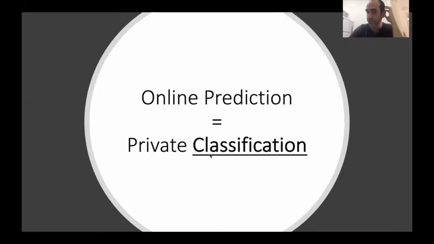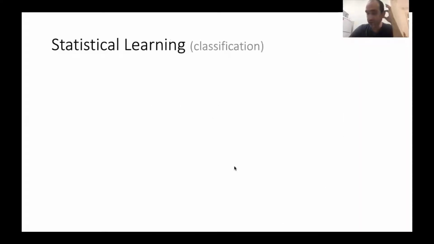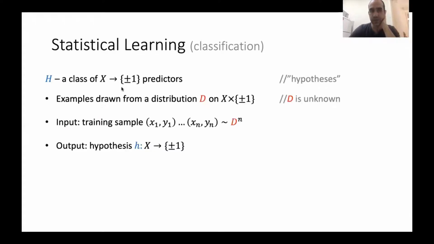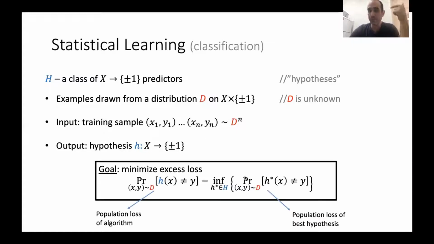What is private classification? We begin with classification. We consider the PAC setting, the probably approximately correct setting. Here again, we have a comparator class H of hypotheses. Again, these are just Boolean functions. Now the algorithm is given an IID sample of examples, which is drawn from some unknown distribution D, and it outputs a hypothesis h. And the goal, like before, is to compete with the best hypothesis h star in the class.